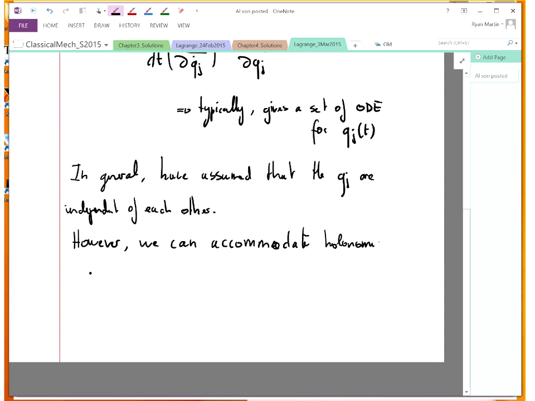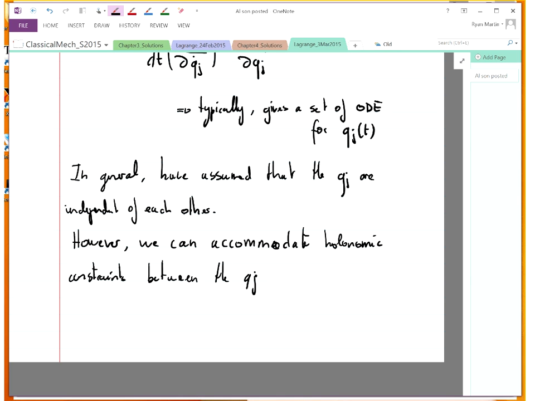However, we can accommodate holonomic constraints between the q_j's and effectively keep more q_j's than are necessary.